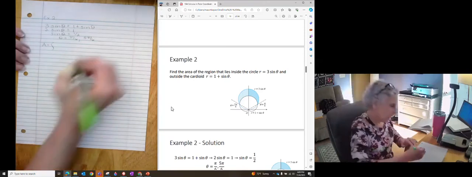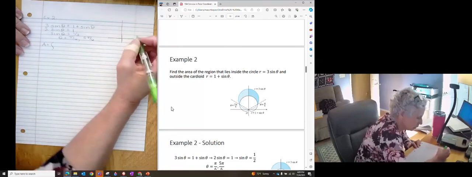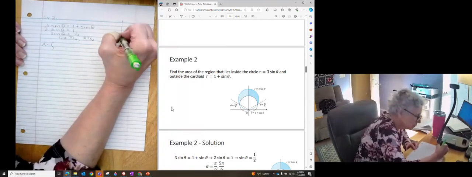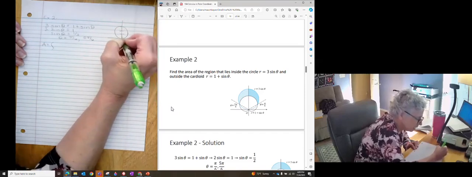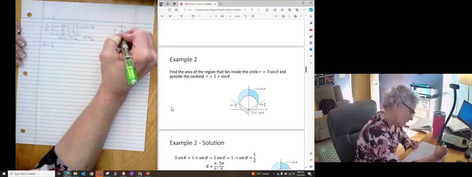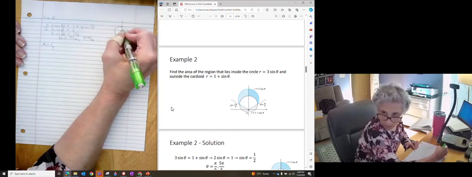So remember, as we draw this picture, I'll do a little quick picture. Let's see, it's 1, 2, 3, and it's sitting above, and then my cardioid is here, and it crosses the axis up here at 2.